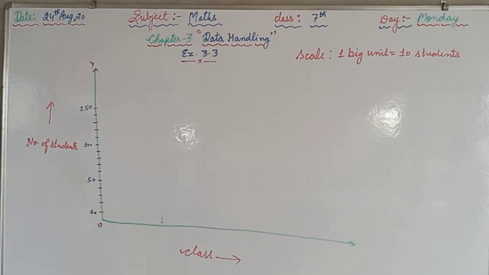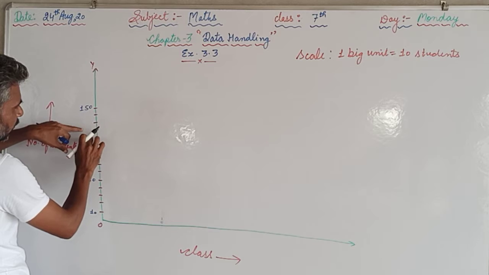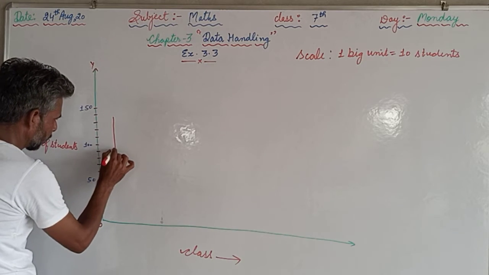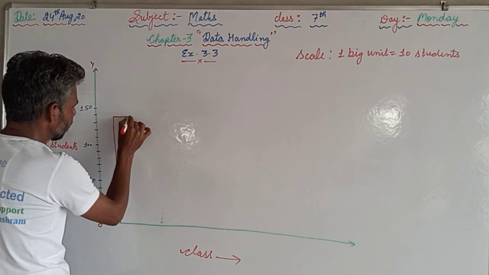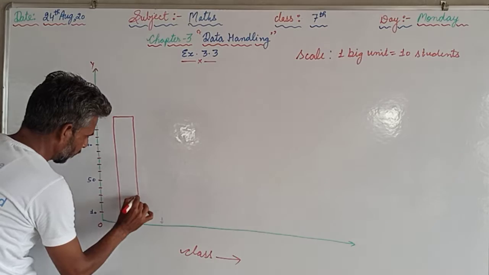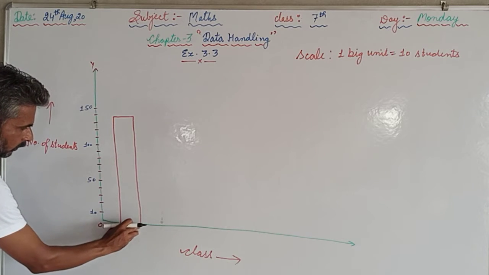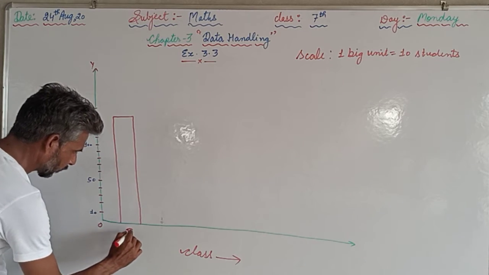So the first one is class 5th and the number of students is 135. That is 100, 110, 120, 130, 135, meaning between 130 and 140 there will be 135. So like this you will draw the bar, and this will be class 5th.